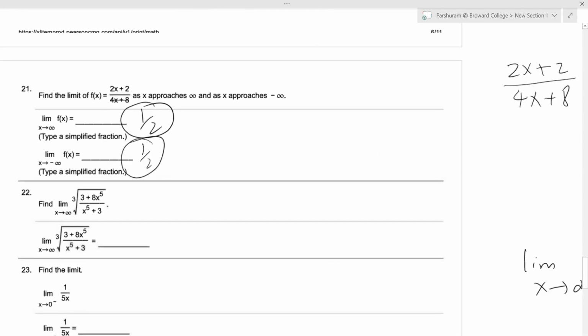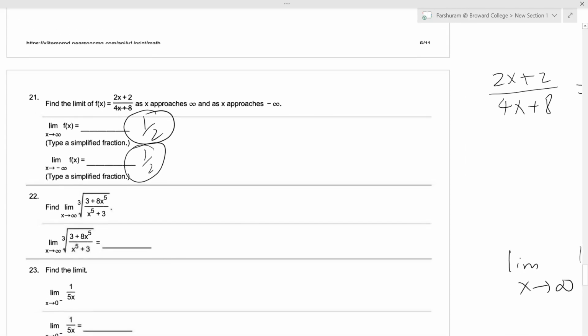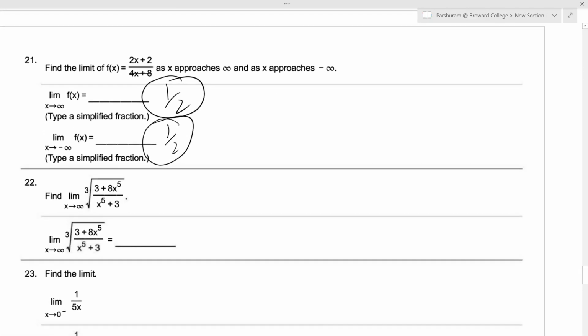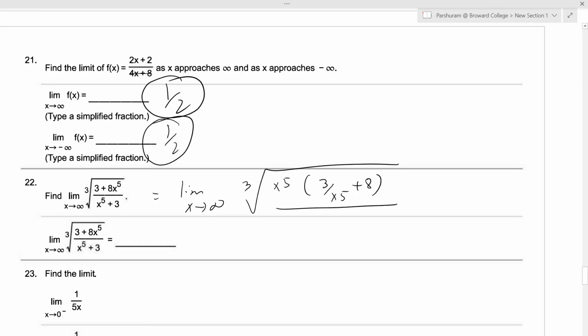For problem 22, find the limit when x approaches infinity. We are going to use the same trick here. We're going to simplify first. For that, it's a cube root. So we just factor out x to the power 5: 3 over x to the power 5 plus 8, divided by x to the power 5, 1 plus 3 over x to the power 5.